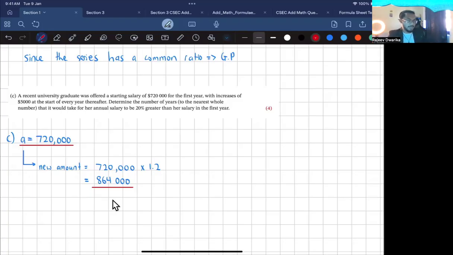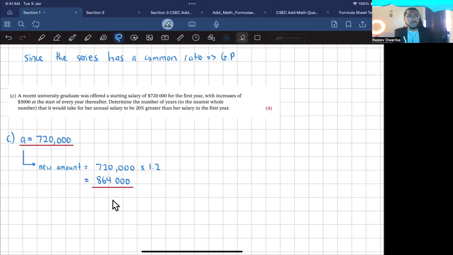In the second year, how much? That added to 725,000. And you would keep doing that until we get 20% greater than 720,000, which is 864,000.